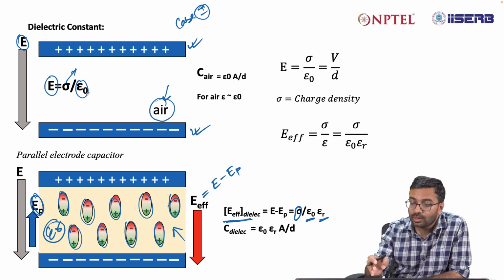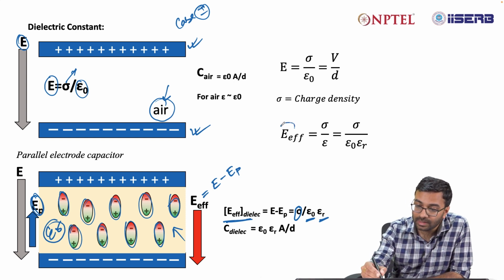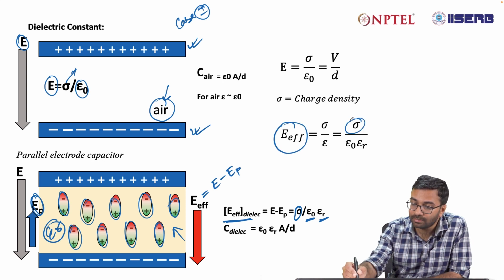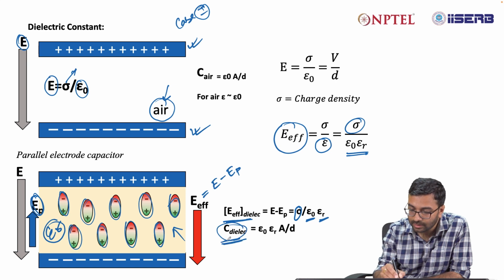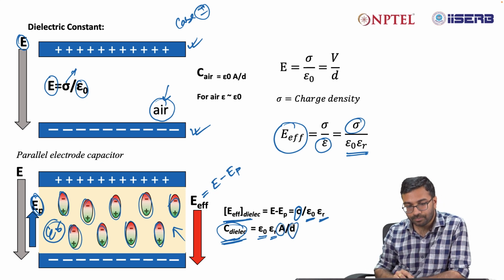So, you will find that your effective electric field is now sigma divided by epsilon 0 epsilon r, and hence the capacitance due to dielectric material will become epsilon 0 epsilon r A divided by d.